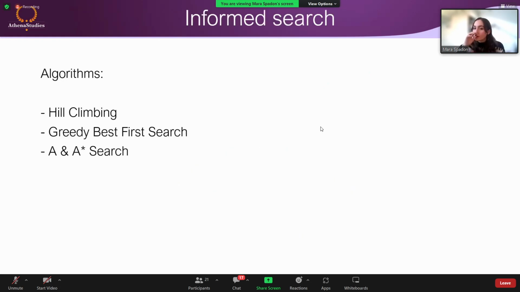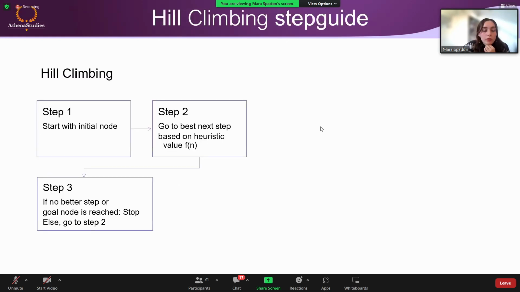Okay, so which algorithms are informed search algorithms? In our case, we need to know these 3 or 4 actually. We have hill climbing, greedy best first search, and then A and A star search. Let's look at hill climbing first. For hill climbing, I have a little step guide. You start with the initial node, and then you go to the next step based on the heuristic value.